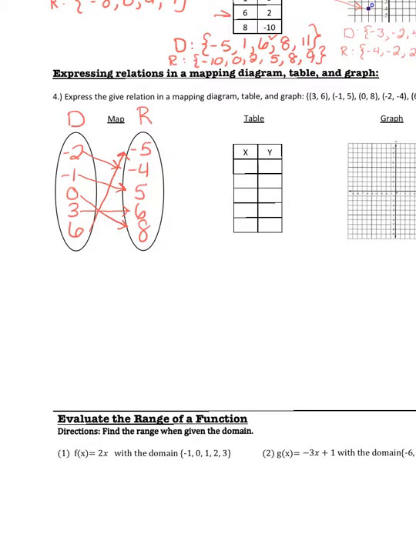So then in a table, I'm also going to put my domains from least to greatest here. So I've got -2, -1, 0, 3, and 6. And then again, looking over at my relation, I see -2 is paired with -4, so I would put -4. -1 is with 5, 0 is with 8, 3 is with 6, and 6 is with -5.